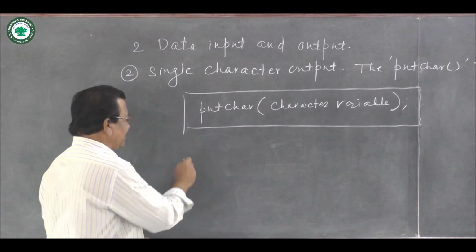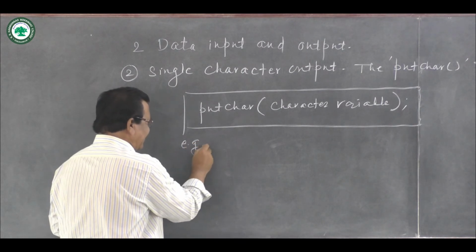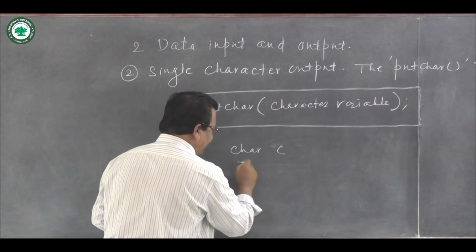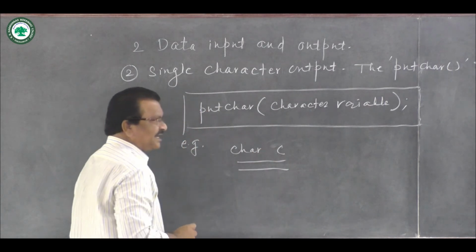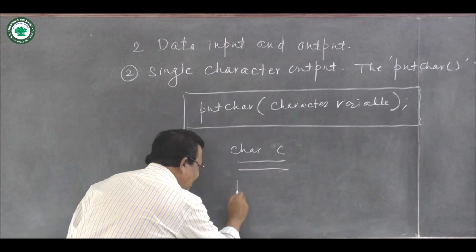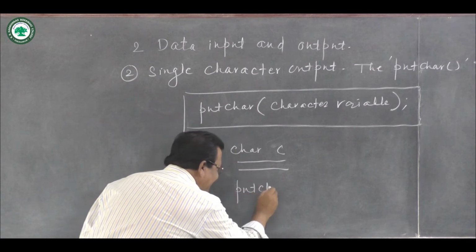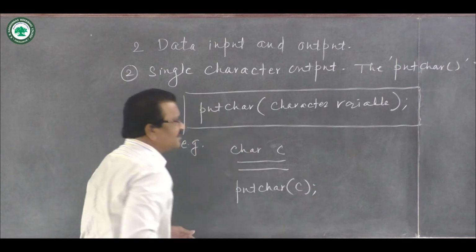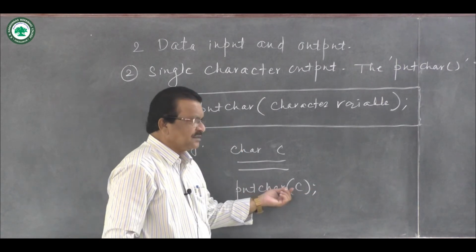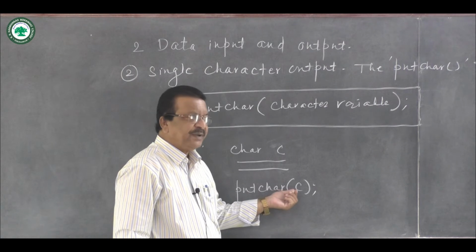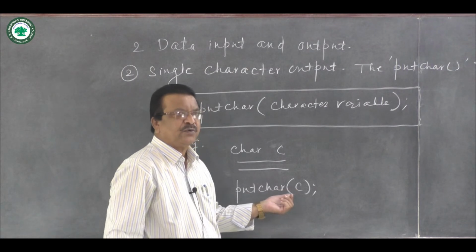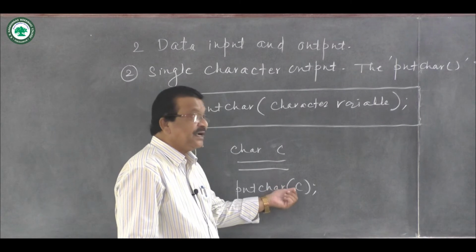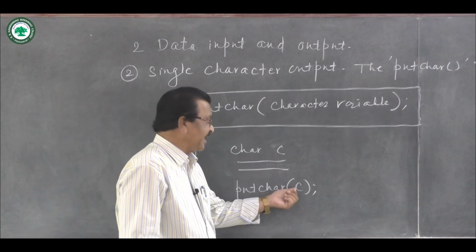Here is an example similar to getchar. I am declaring c as a character type variable. A few C statements are there, and then what I am doing is putchar(c). Here the value of the variable to be displayed on an output screen is given as the argument of putchar.